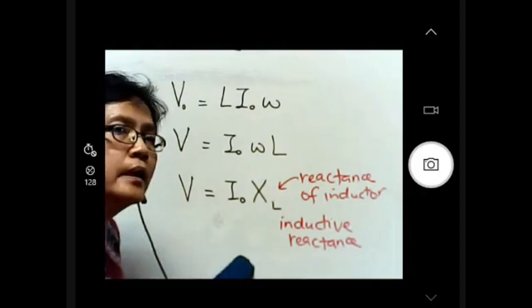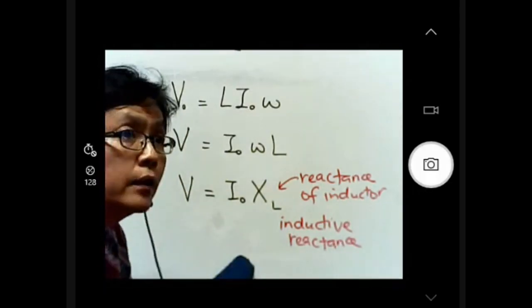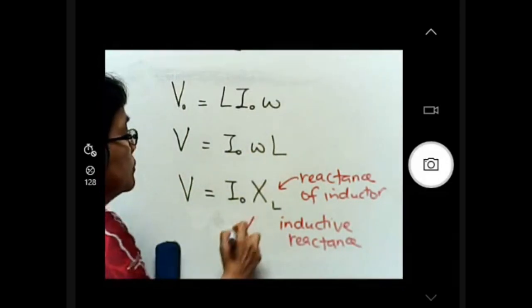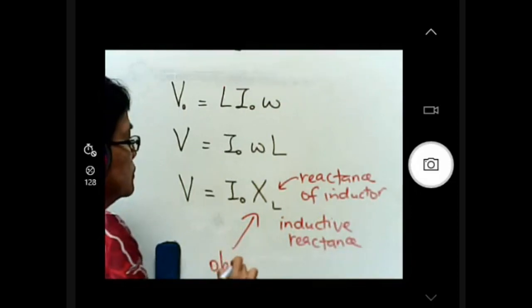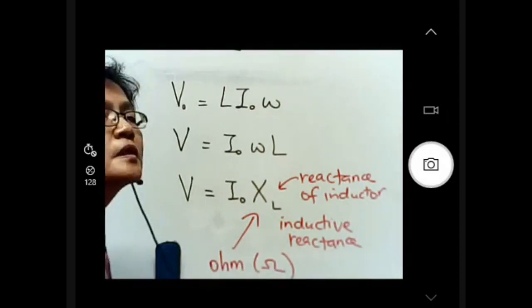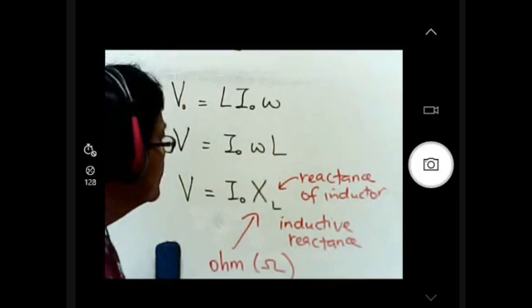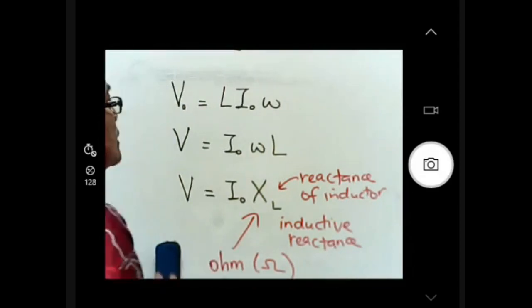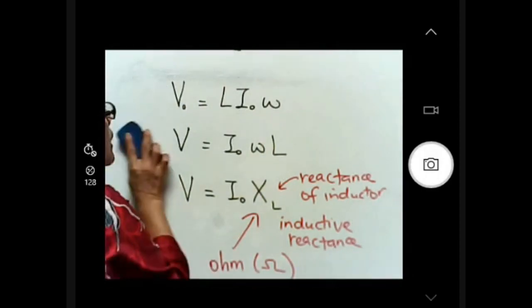So remember, it opposes the flow of alternating current. That's why the unit should be in ohm, same as resistance. All right. So what did you get?